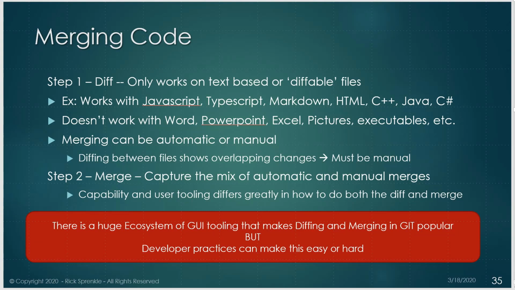And then the merging step, after you've figured out what the differences are and you think you're ready for a merge, you will do the merge, and it'll be this mix of the automatic, i.e. the easy low-hanging fruit file changes to bring over, and then any of the conflicts that you have to merge through a tool will also be captured. And then when you're all set, you'll say, I've successfully brought all the changes over from this other branch into my branch of code.